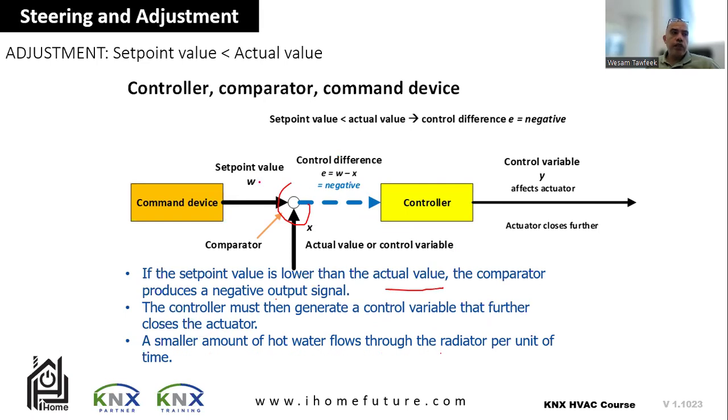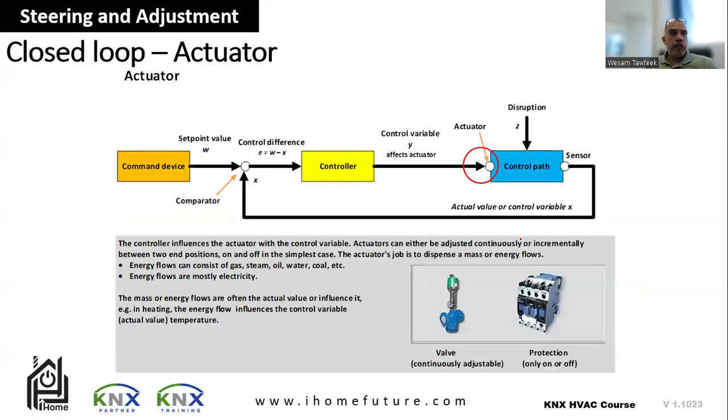So normally, in a very simple way, the comparator is responsible for finding the deviation and sending it to the controller, which, depending on the value coming from the comparator, will affect your actuator. Your actuator might be a fan coil unit, maybe a valve to control the heat, to raise or lower the heat demanded. So this is the closed loop.